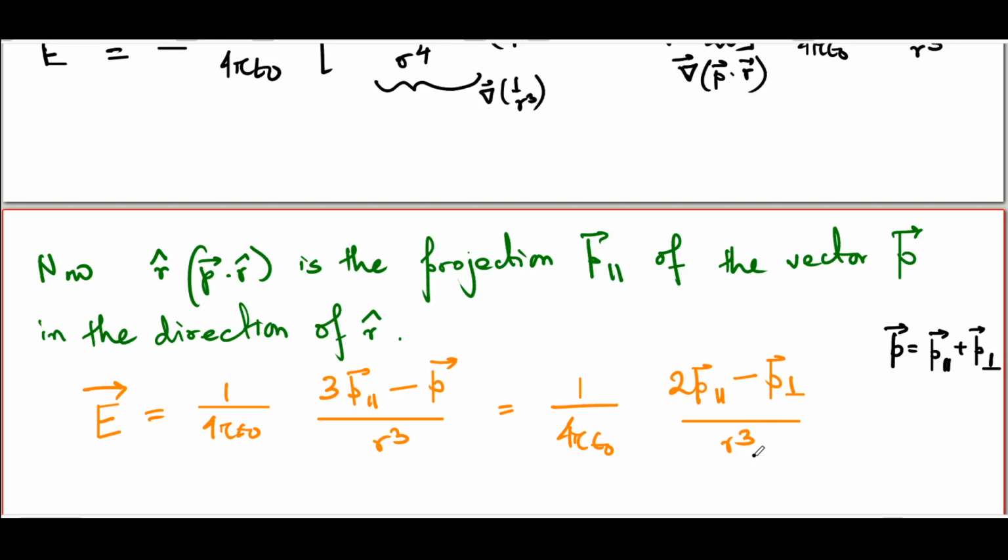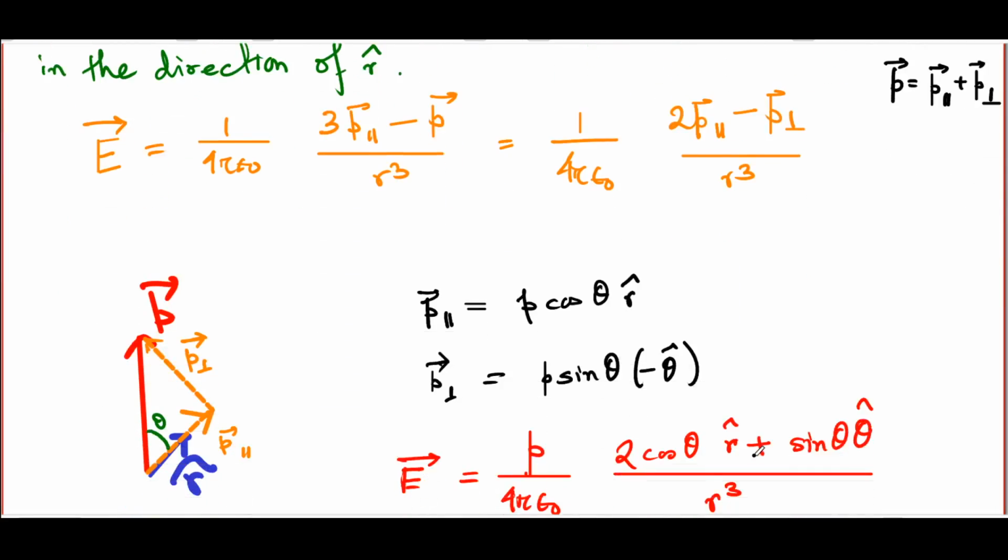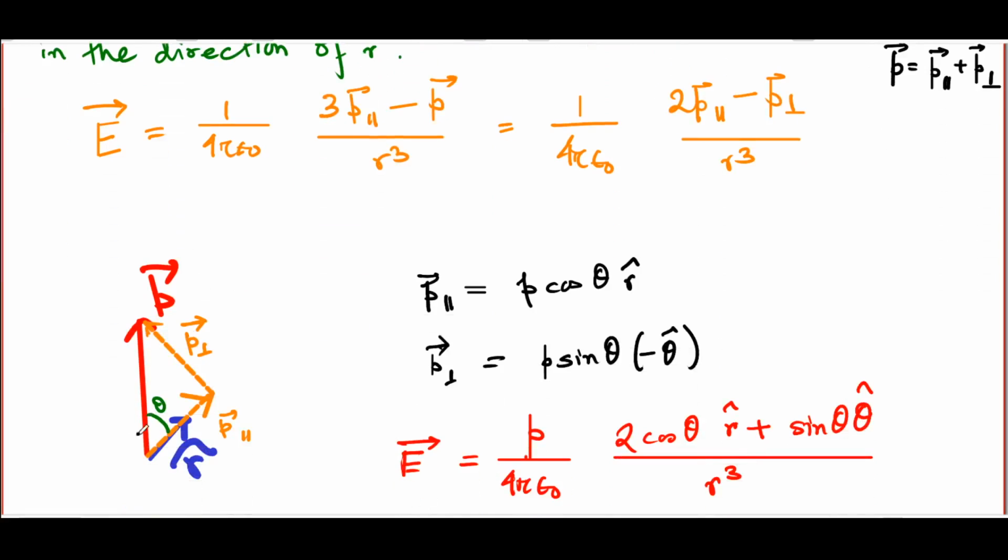Now to cast this in a more familiar form, at least a familiar form to people who have already studied some electrostatics, let's take a look at the geometry of the situation. Here you have your dipole moment vector p, and r hat is a unit vector in the radial direction, and that makes an angle theta with p vector. We are using spherical polar coordinates now, with the angle theta being measured from the so-called z-axis.